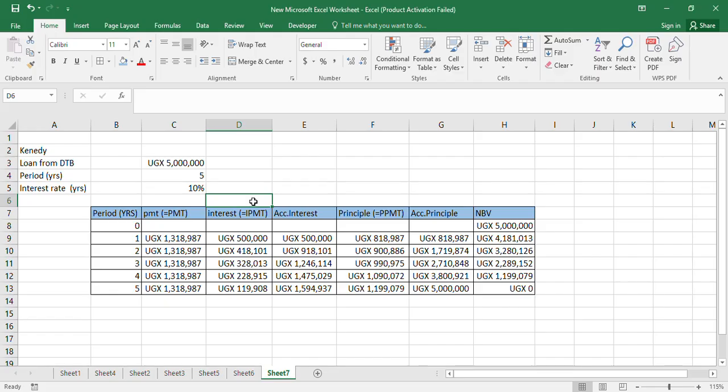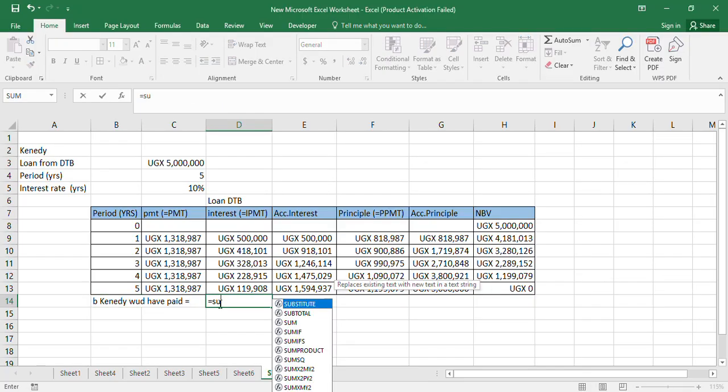Remember this loan amortization for DTB. Now, for question B, we say Kennedy would have paid, then this one will equal the sum.